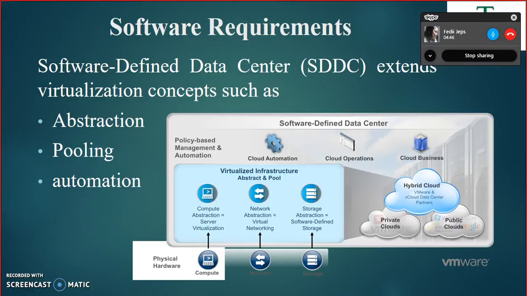Automation is the ability for the processes in a data center to be done automatically. That's achieved through programming, and you are not supposed to be there physically, so the activities are achieved through automation. As you can see from the picture, that's a typical example of a software-defined data center.